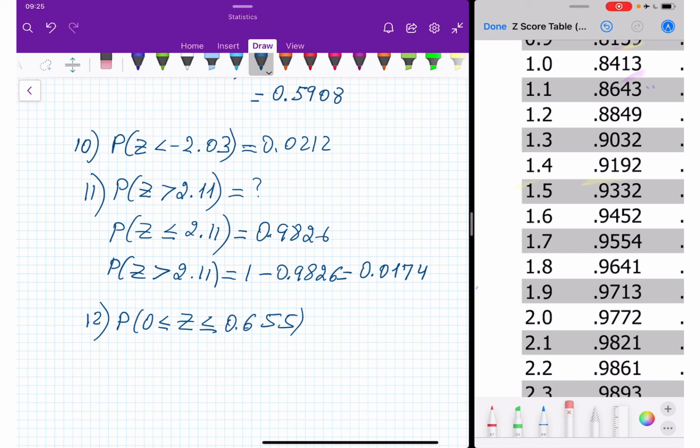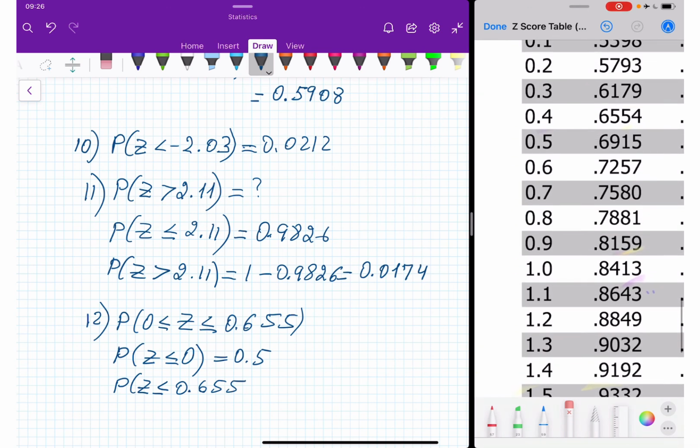So let's first find out z-score less equal 0. Remember, we are not even looking. This 0 looks like a circle. Okay, it's equal 0.5, right? 50% because it's right in the middle. And probability for z-score is less equal 0.655. Let's go for it.